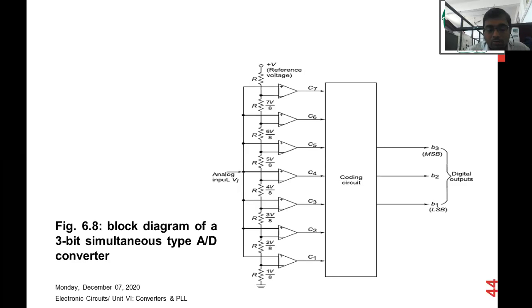In a similar fashion, the reference increases V/8, 2V/8 up to 7V/8, below the reference voltage V.